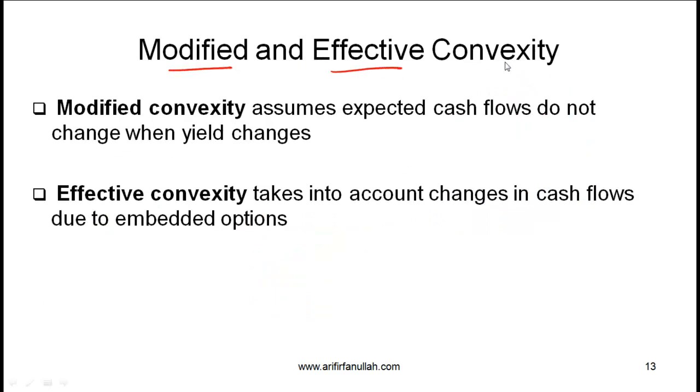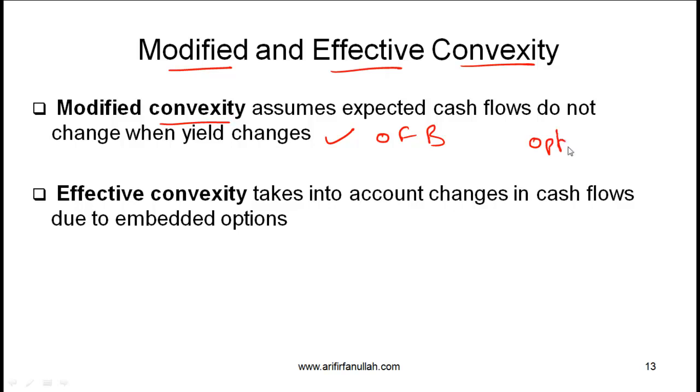Modified and effective convexity. We've just talked about modified and effective duration. The point with modified and effective convexity is almost exactly the same. When we use modified convexity, we assume that expected cash flows do not change when yields change, and this assumption is okay for option-free bonds.